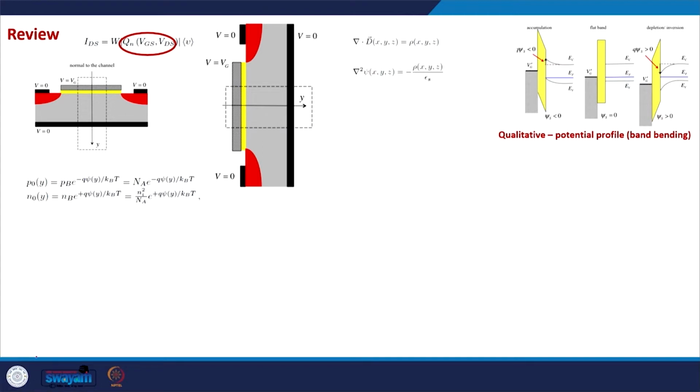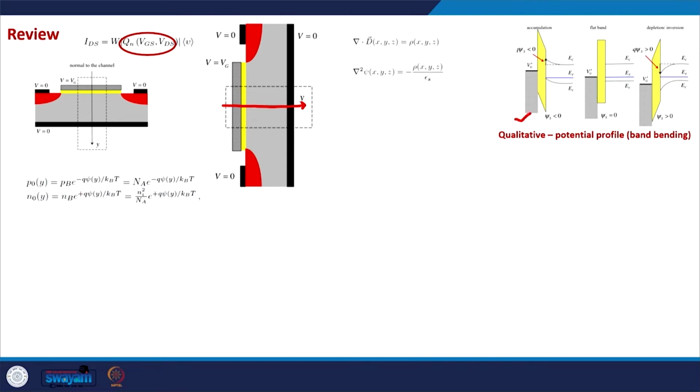Just to quickly review, in order to understand this 1D electrostatic picture, we tilt the MOSFET in this direction so that the y direction becomes the horizontal direction, and the bands look like this in various regimes of MOSFET operation.